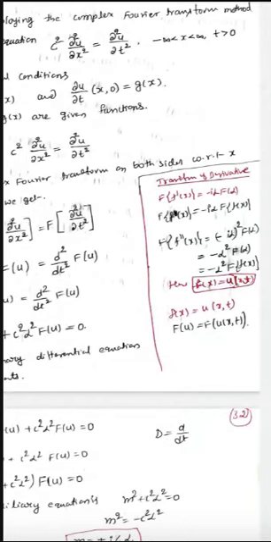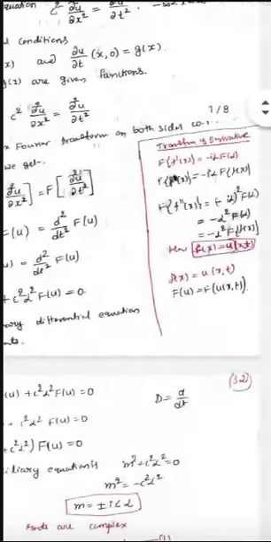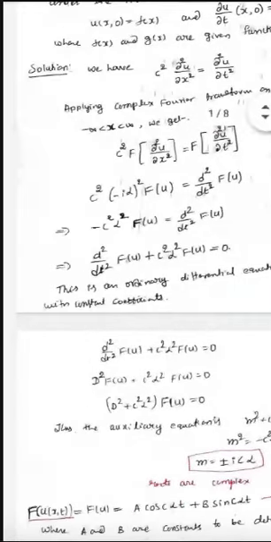So f of x is u of x comma t. Here also it is a double derivative, not a single derivative, so that is minus i alpha whole square F of u.